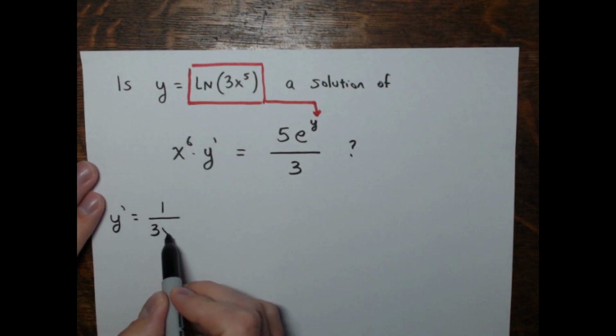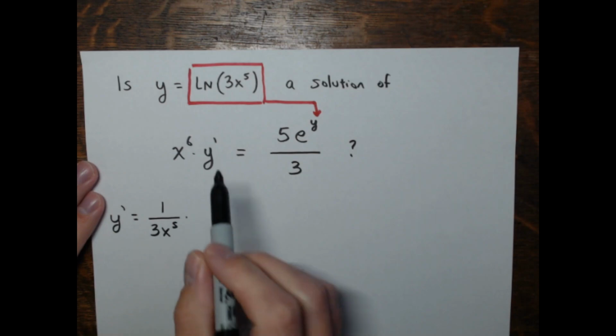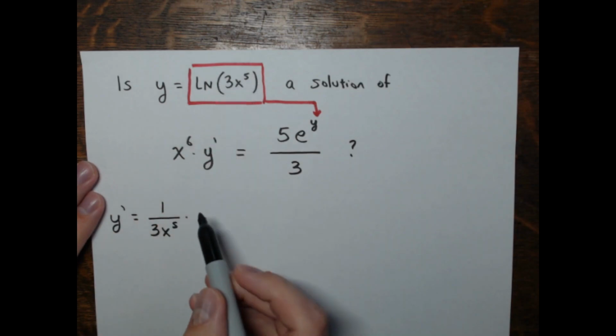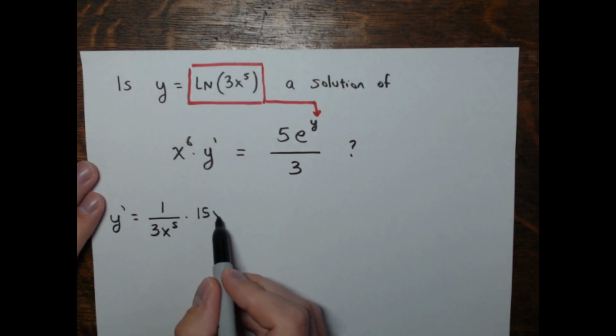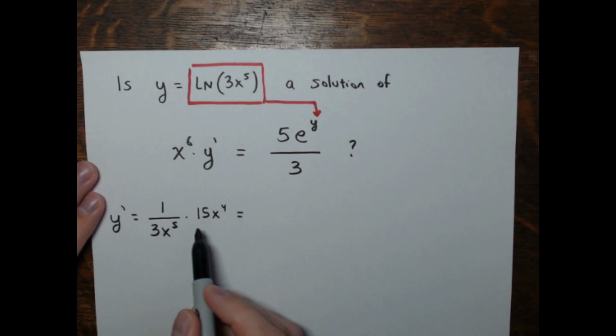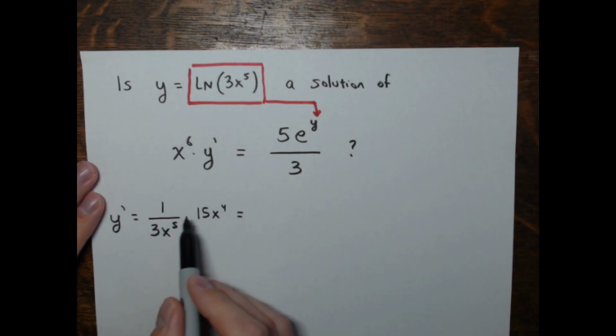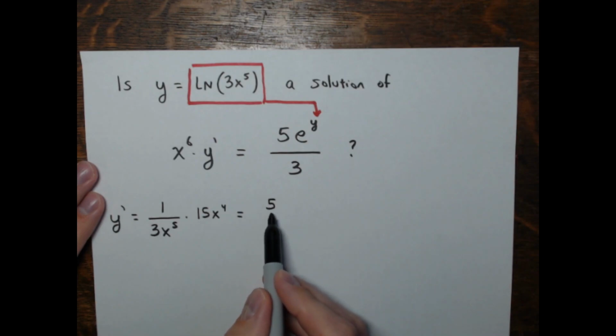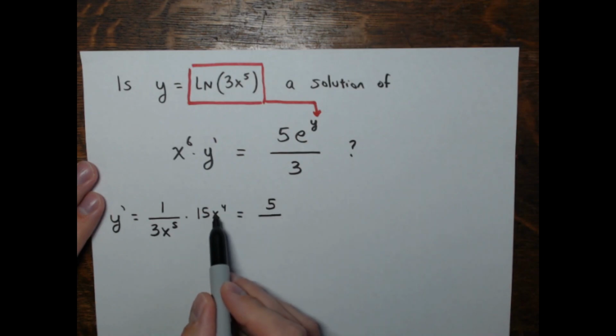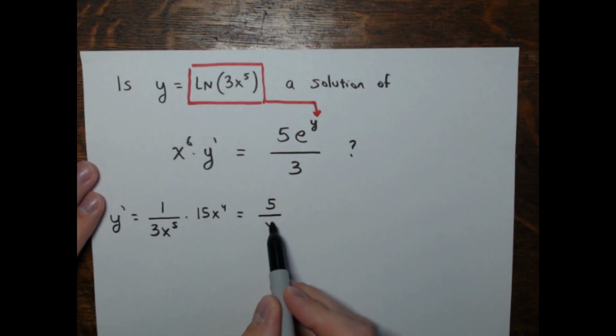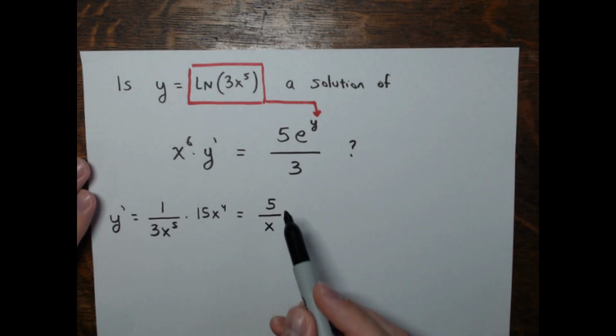So 1 over 3x to the 5th. But then times, chain rule, the derivative of the thing inside, that would be 15x to the 4th. And doing some cancellations here, 3 goes into 15 5 times, so I have 5 in the numerator. X to the 4th over x to the 5th would just be 1 over x. So that's just 5 over x.